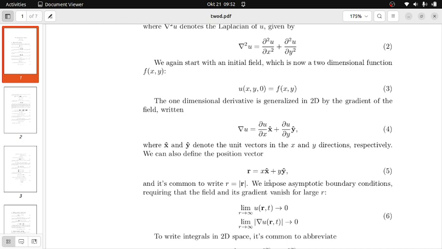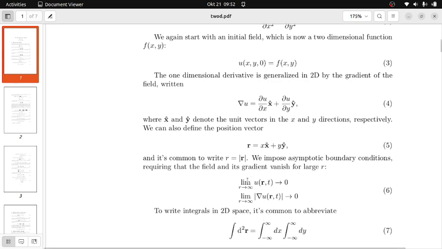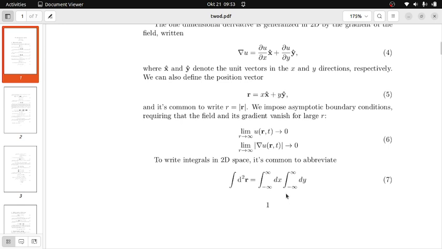Now the asymptotic boundary conditions that we had before are imposed for a large r. We want the limit of the field for a large absolute value of r to vanish, and also the limit of the absolute value of the gradient to vanish as r goes to infinity.